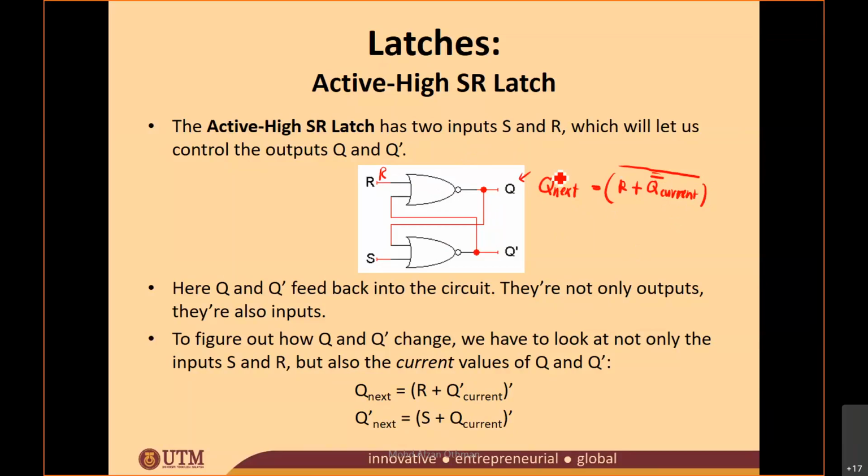So this is the Q next. Maksudnya Q yang akan next sama dengan R tambah dengan Q bar, so this is your Q bar current, and then you have a NOR gate kat situ.